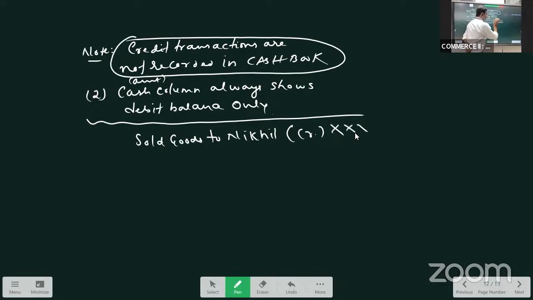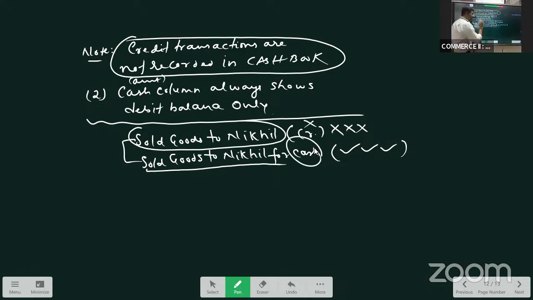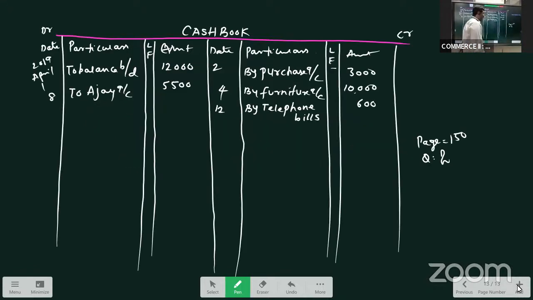Suppose it is given like this, there can be a twist. Sold goods to Nikhil for cash. If he specifies for cash, then it becomes a cash transaction. We have to take it. See the difference here. If it is only sold goods to Nikhil, we will not take. If it is sold goods to Nikhil for cash, then we will consider it as a cash transaction and take it in the cash book.